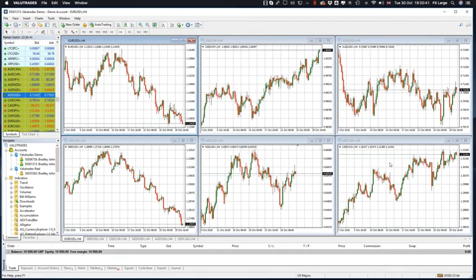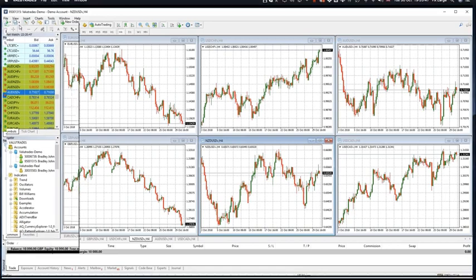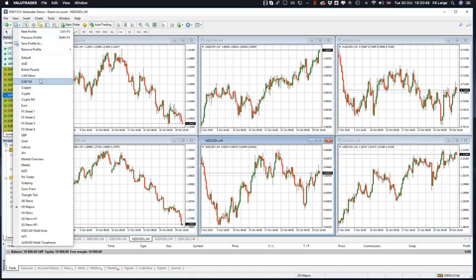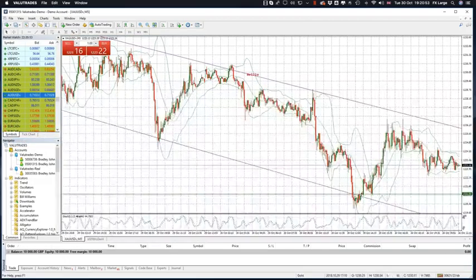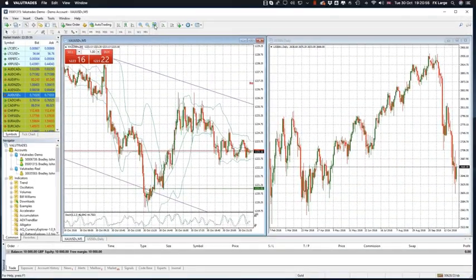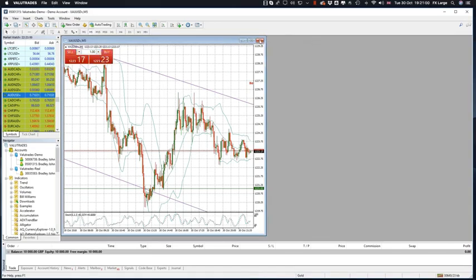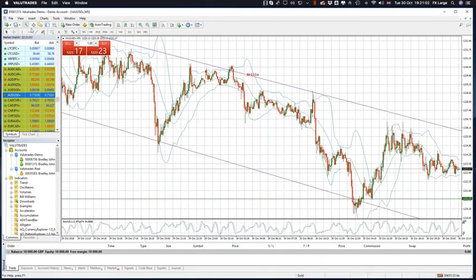So I can see all the US majors at one time. And these are all on the 4-hour chart. Another profile, for example, here I've got one called gold. And that basically has, right now, one chart.